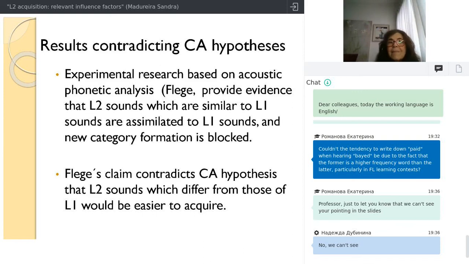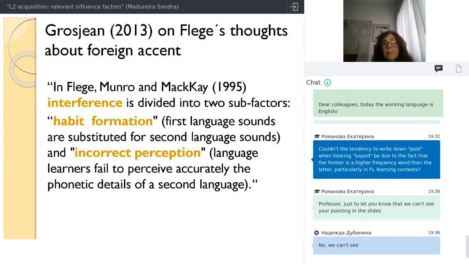And the speech learning model is based on phonetic experimental studies, so it's different from just claiming something. It's based on experimental research. So we can conclude that the speech learning model contradicts the contrastive analysis arguments in relation to these topics I mentioned, and also the critical period hypothesis.